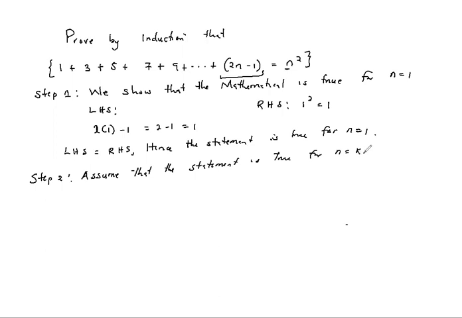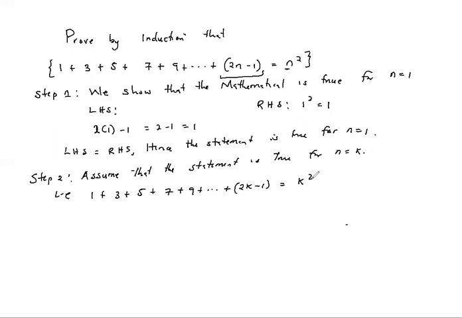So what are we assuming? We're assuming that if we get the statement the way it is, and only substitute where there's n, we put k, then we'll get k squared. So all we have done here is, wherever there's n, we have taken k.